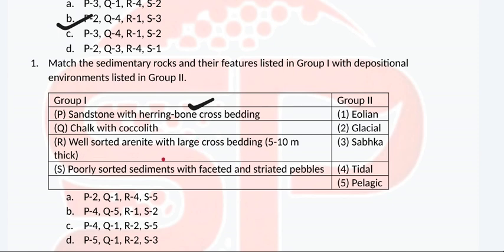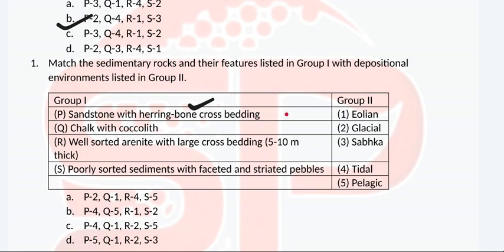Then well-sorted arenite with large cross bedding, we are saying it will be Aeolian. Then poorly sorted sediments with faceted and striated pebbles. So faceted, striated, those are the conditions of a glacier. During a glacier's movement it will produce striations.